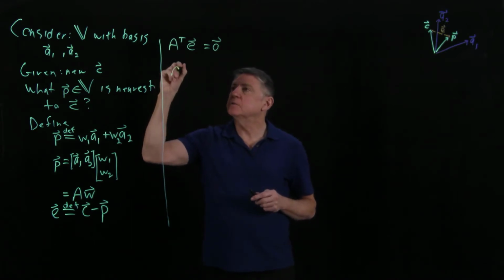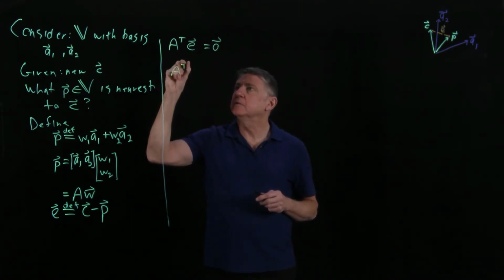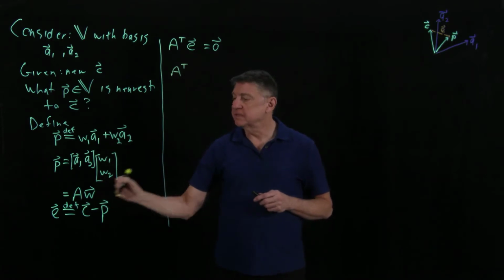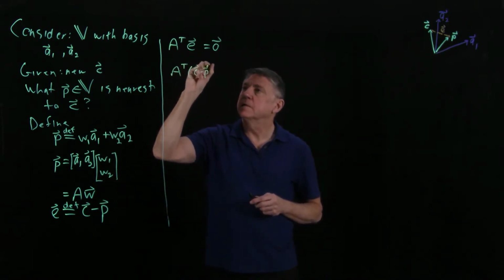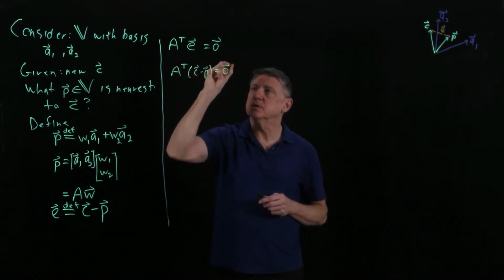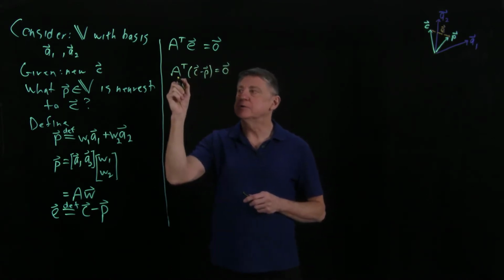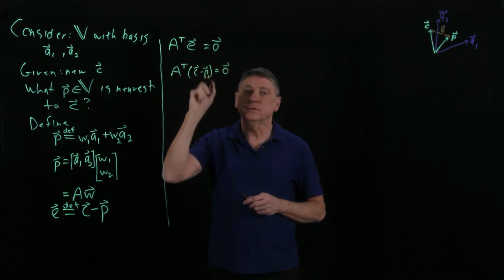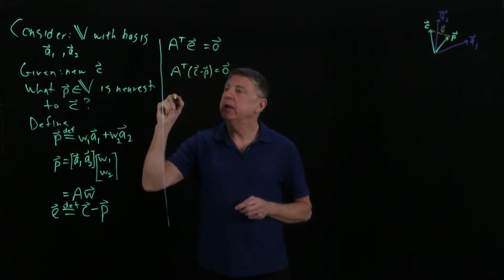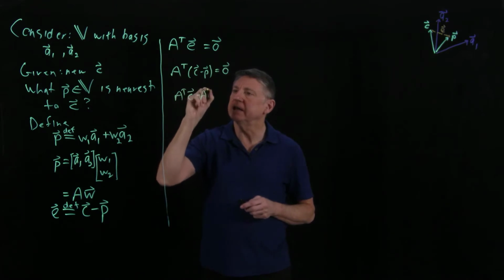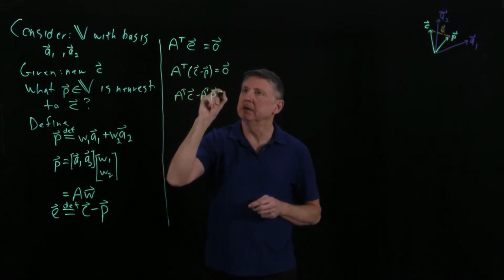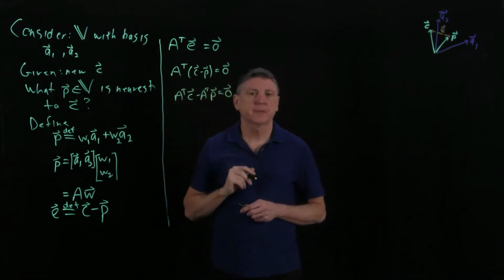If I now substitute C minus P, then that still has to equal the zero vector. I can now distribute the matrix A over this vector summation, and I get A transpose C minus A transpose P equals 0.